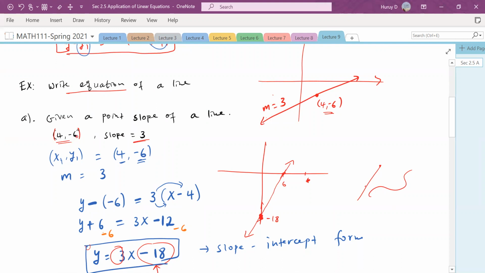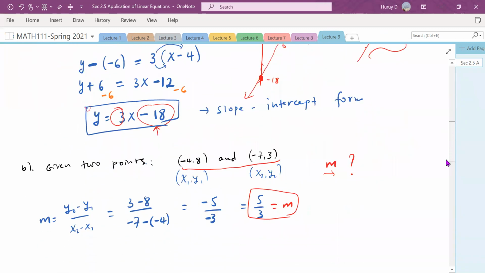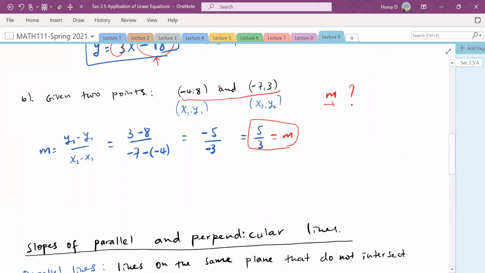So we need just 1 point and 1 slope so that we can write the equation of the line. Here, we use both points to find the slope first, and then we use one of them, it doesn't matter which one, to write the equation of the line using the point-slope form.